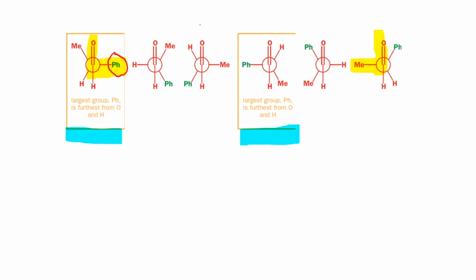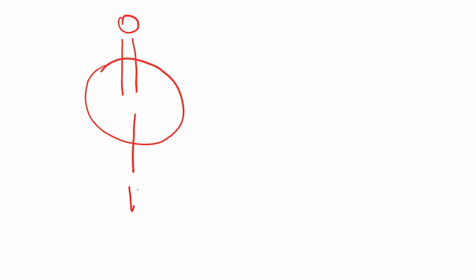As a general model, what we need to look at is we draw out these two structures here. One is this, where you have the C double bond O over here, the hydrogen here, the phenyl ring over here, methyl here, and H here.